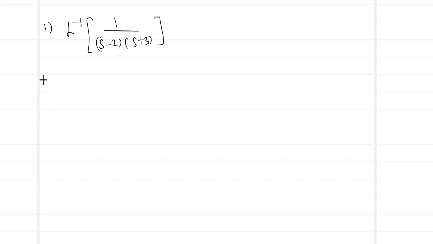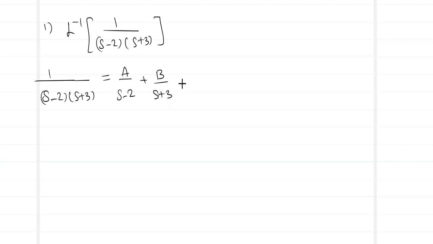As such, we will first consider the partial fraction of s minus 2 into s plus 3. Since they are factors which are independent, I can assign separate variables to it: A by s minus 2 plus B by s plus 3.